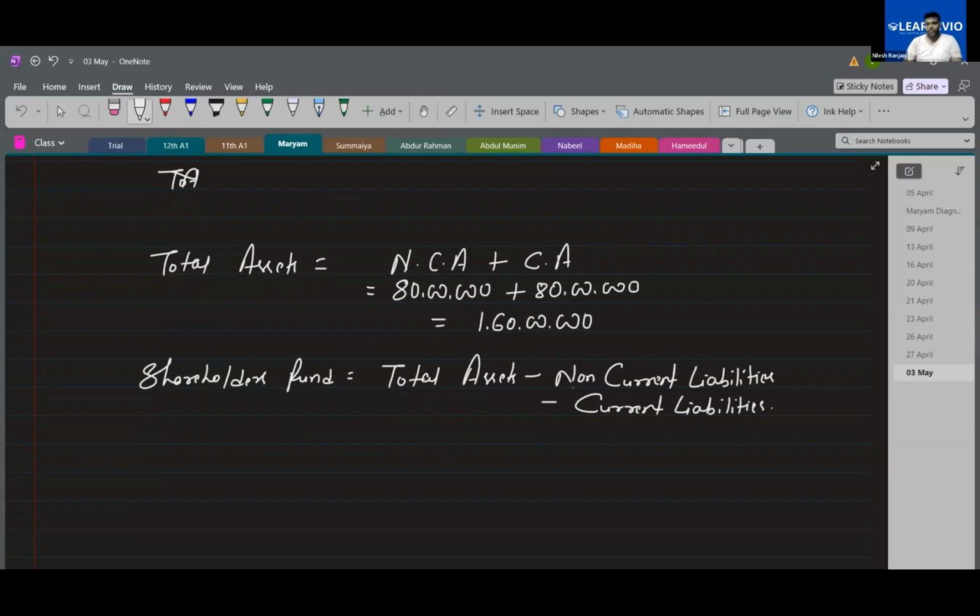Now, this formula we have not written, but it is actually a common formula. If you see the balance sheet, on the liability side there are 3 items. So if you remove 2 items, then you will get shareholders fund.